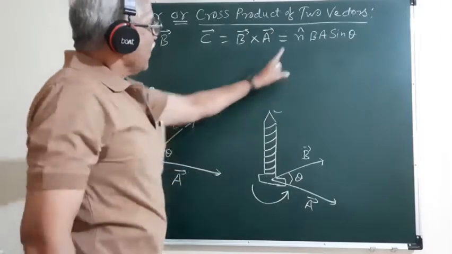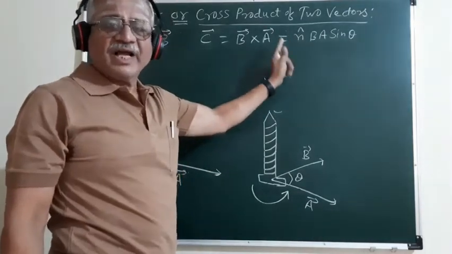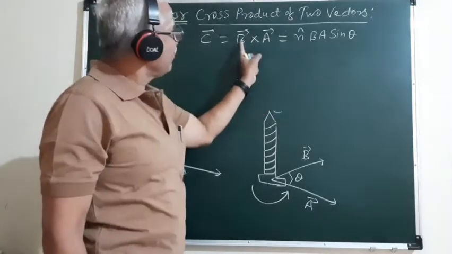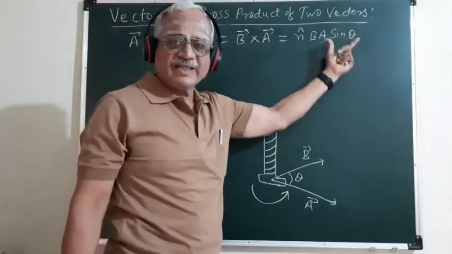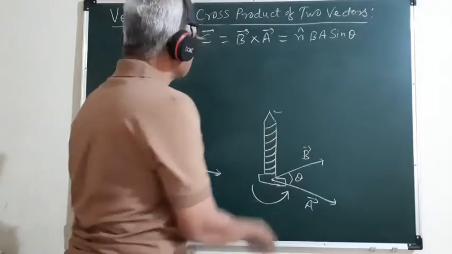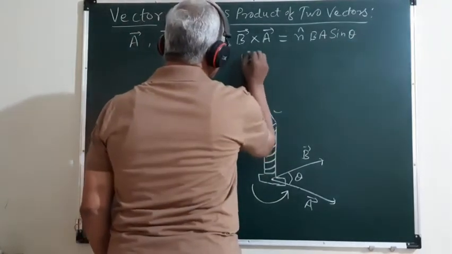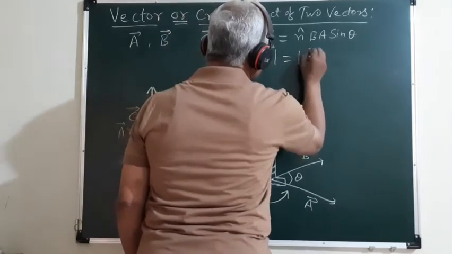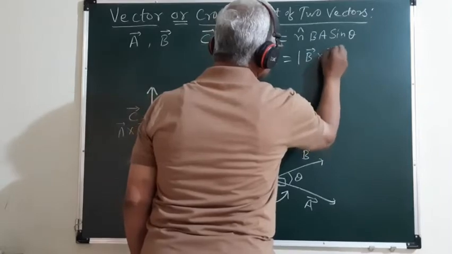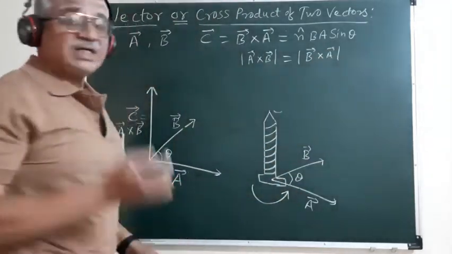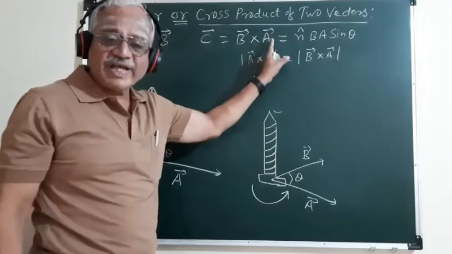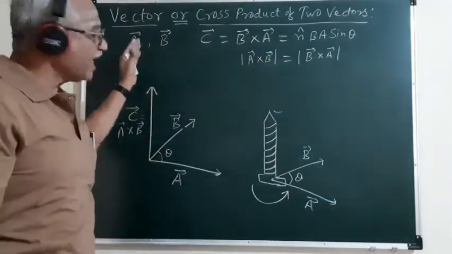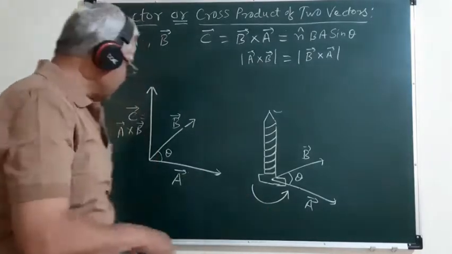So n cap here is the direction of the vector B bar cross A bar, and the magnitude of B bar cross A bar is BA sine theta, which is the same as AB sine theta. So the magnitude of A bar cross B bar is the same as the magnitude of B bar cross A bar, but the direction of this B bar cross A bar will be different than the direction of A bar cross B bar. Why? Let us see.